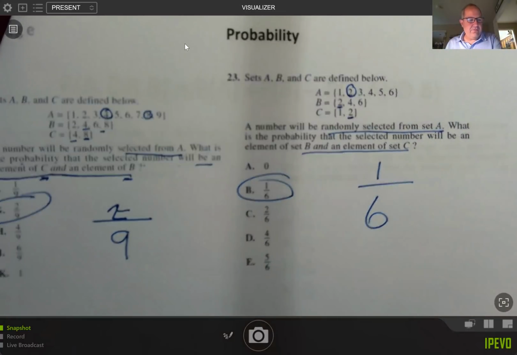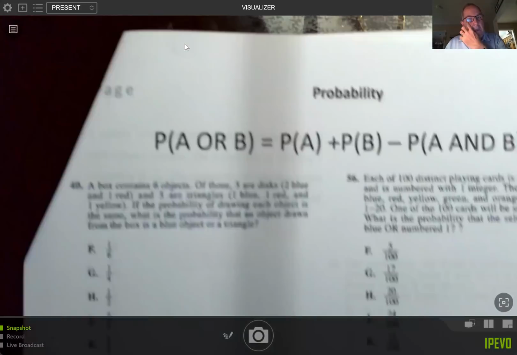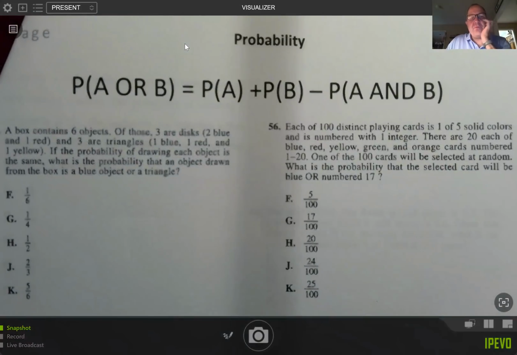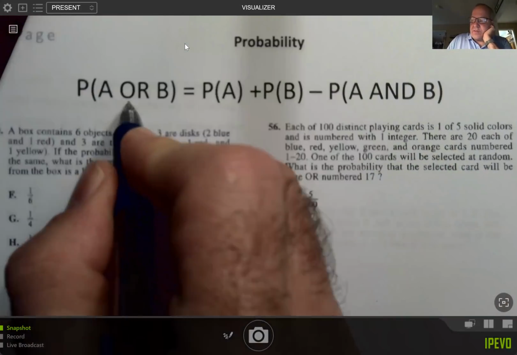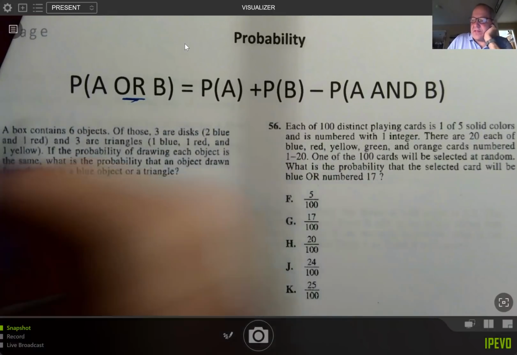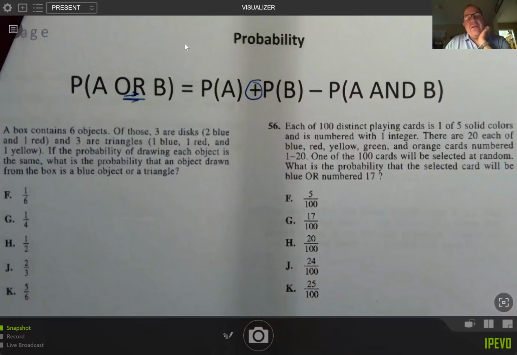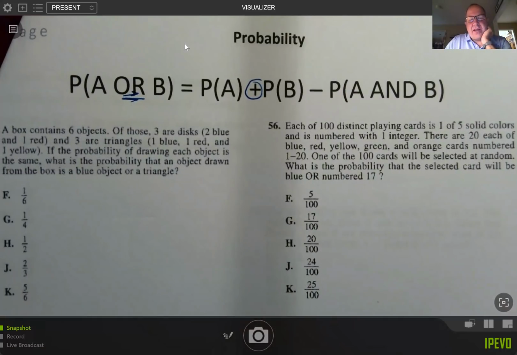Okay, now there's another type of probability. It's called conditional probability. Well, I'm sorry, not conditional probability, but we're doing an or now. This or that. And with ors in math class, we know that we usually always add them up. Now, the thing is, with these ors, you've got to be careful.